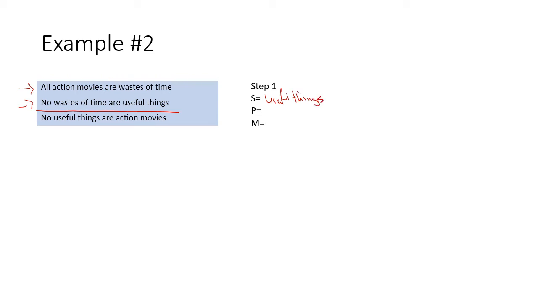P is for predicate. It's the predicate of the conclusion, the major term, which is action movies. And the middle term appears in both of the premises, but doesn't make an appearance in the conclusion, and that's wastes of time.